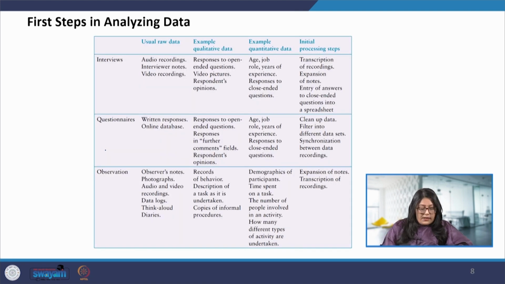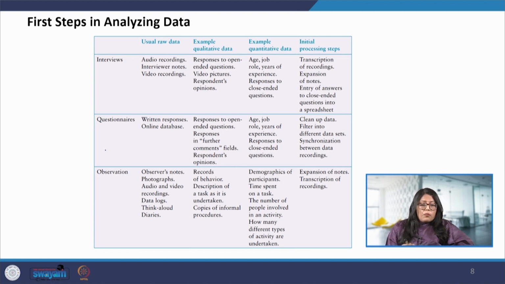So, here we can see in this example the steps involved in analyzing the different types of data. In the interview, we can see that the raw data is from audio recordings, interview notes, or video recordings. And in the next table, we can see the qualitative data, that they are open ended questions, video pictures, and respondents' opinions.